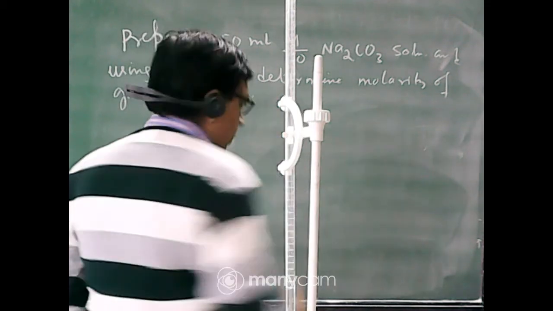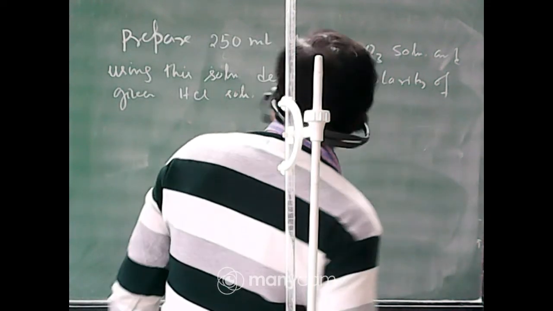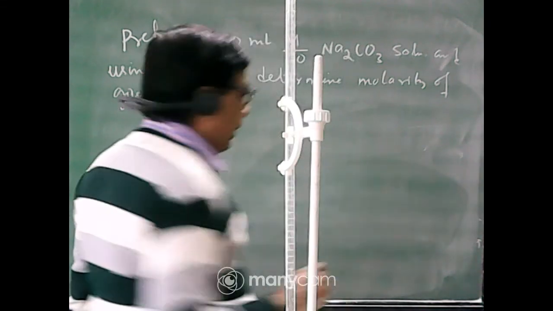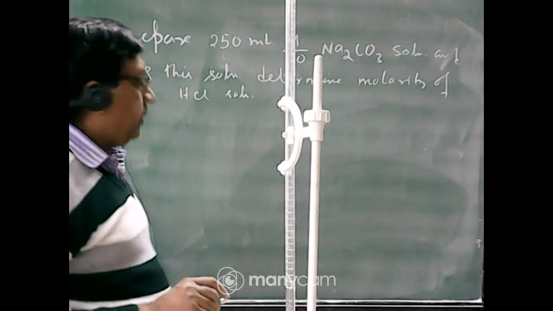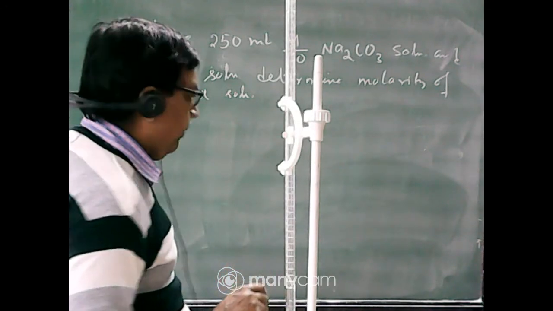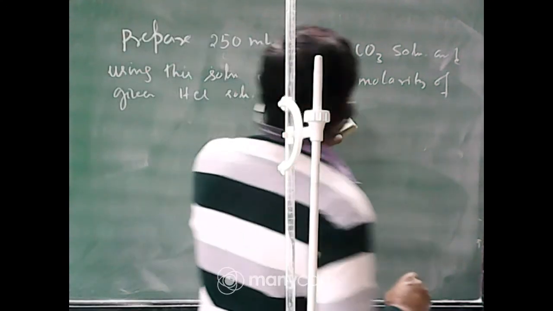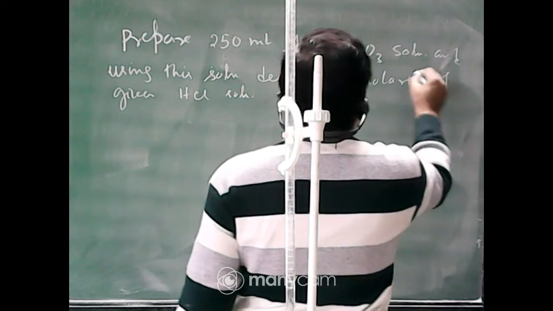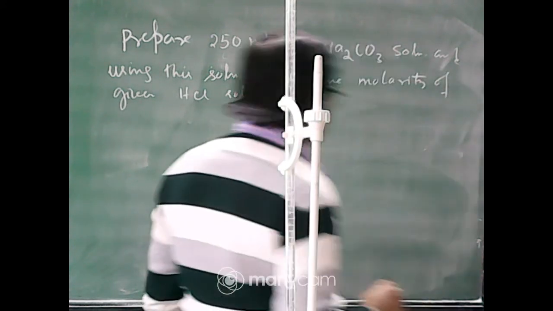This is the question. You have to prepare this 250 milliliter M by 10 sodium carbonate solution, and using this solution you have to determine the molarity of given HCl solution.